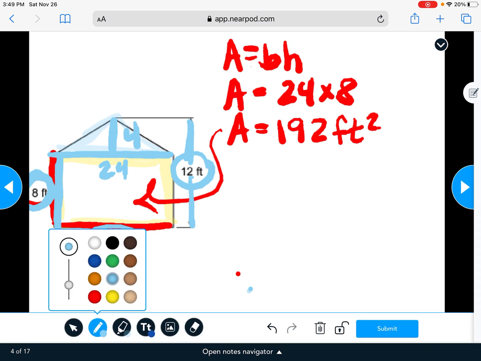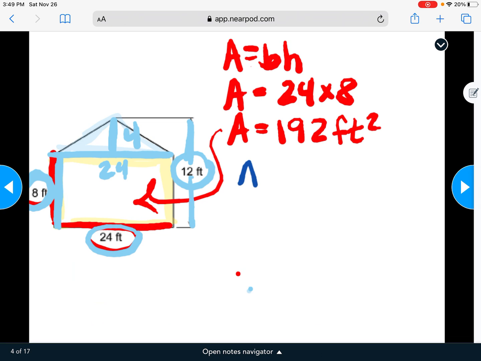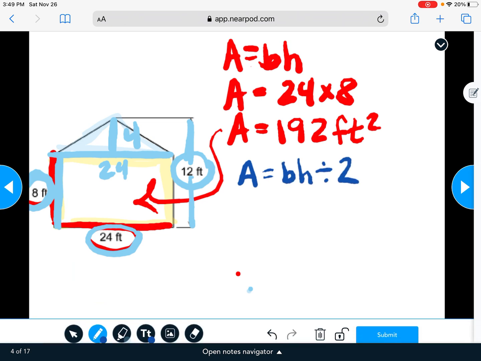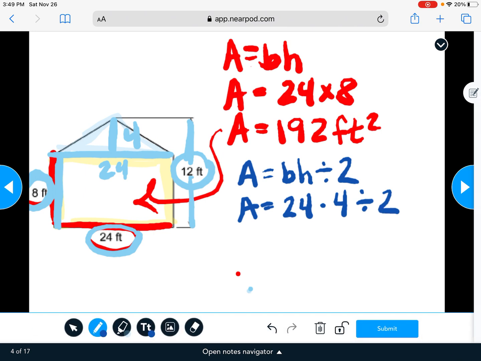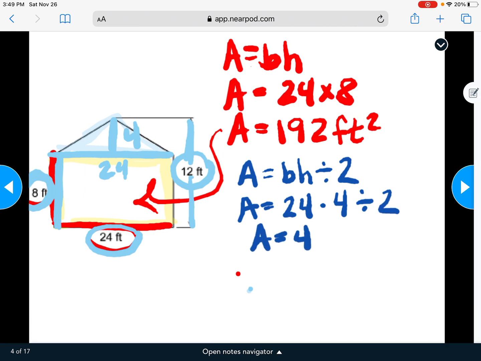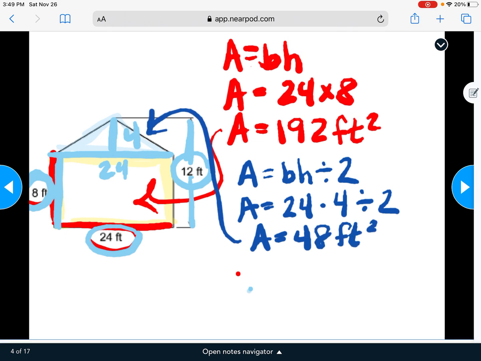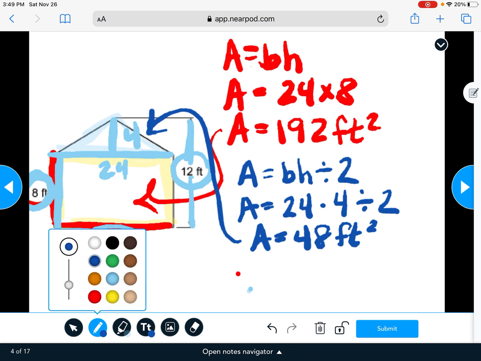Okay, so now to find the area of the triangle, area is equal to the base times the height divided by 2. So we have a base of 24 times the height of 4 divided by 2. And that gives me an area of 48 square feet for the triangle. And then I need the area of the entire thing.